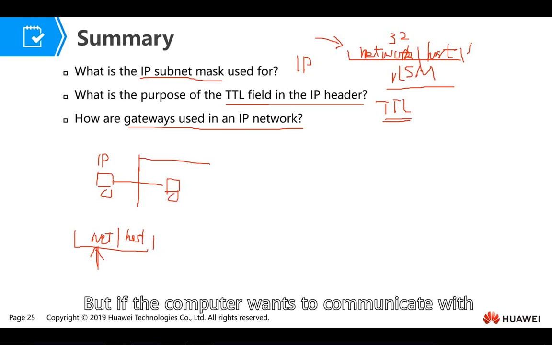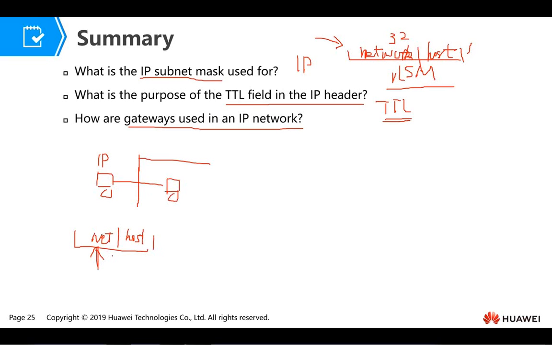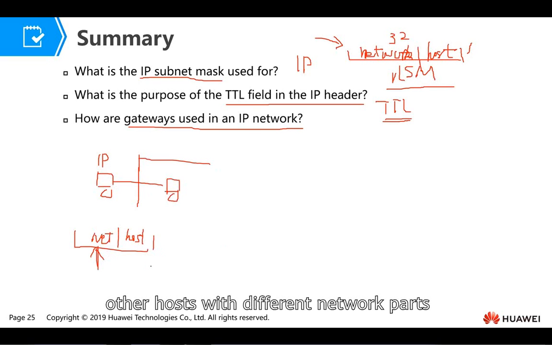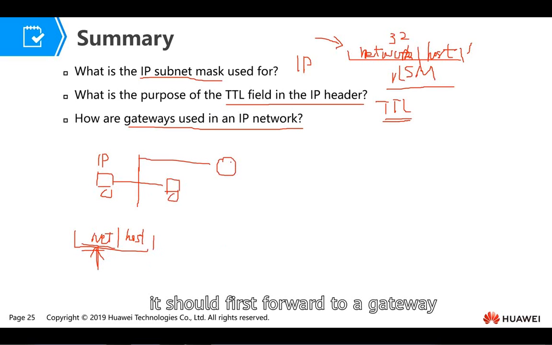But if the computer wants to communicate with another host with a different network part, it should first forward to the gateway.